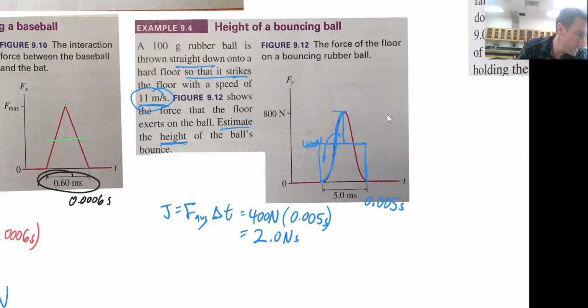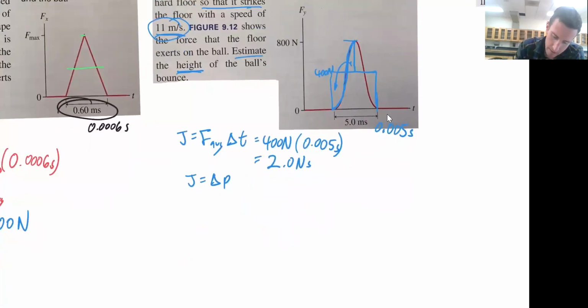So the impulse, J, is equal to the change of momentum, and the change of momentum is equal to the final momentum minus the initial momentum. Okay?